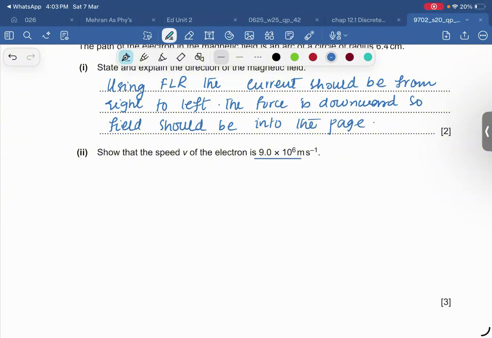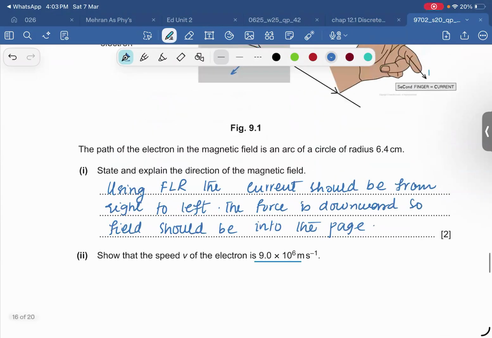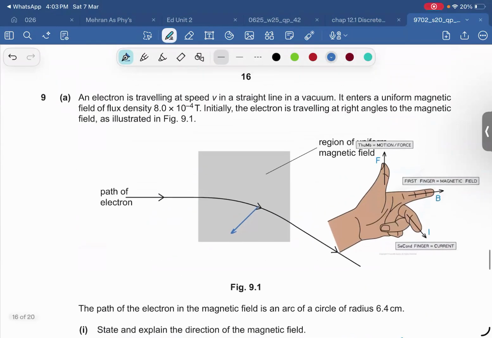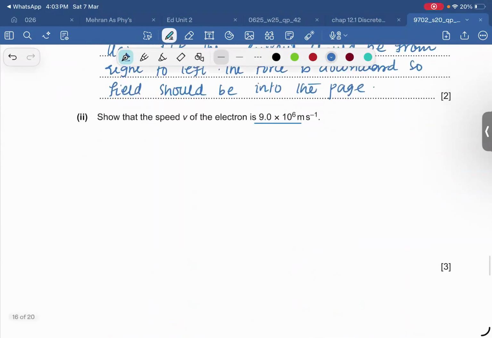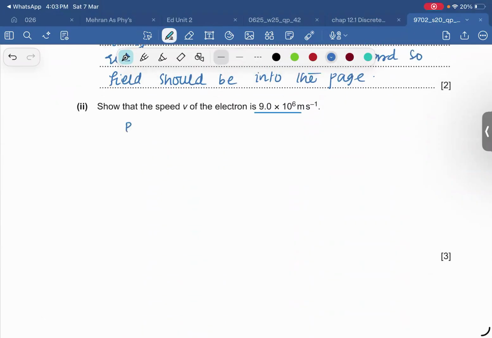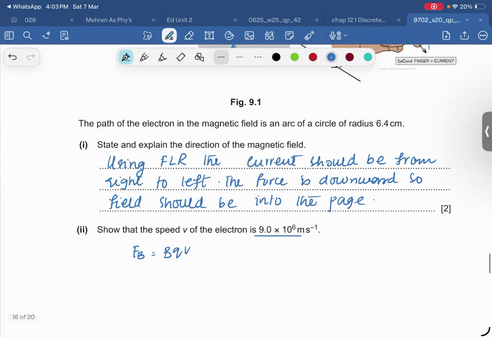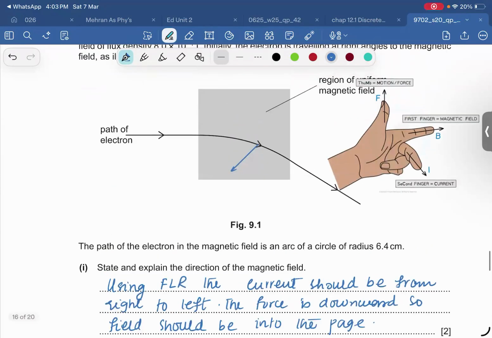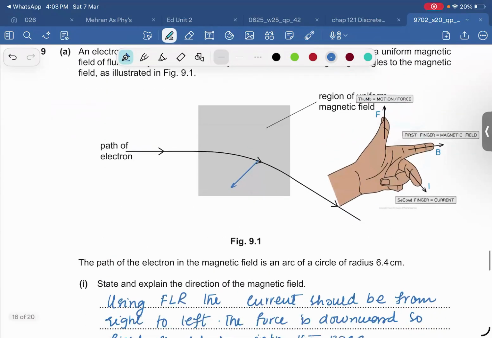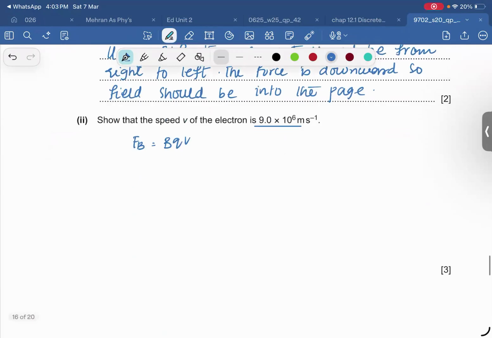Yes, the radius is given, the magnetic field is given, so you can use mv squared over r. But before that, the magnetic force F_B is equal to BQV. We don't have the force, by the way.